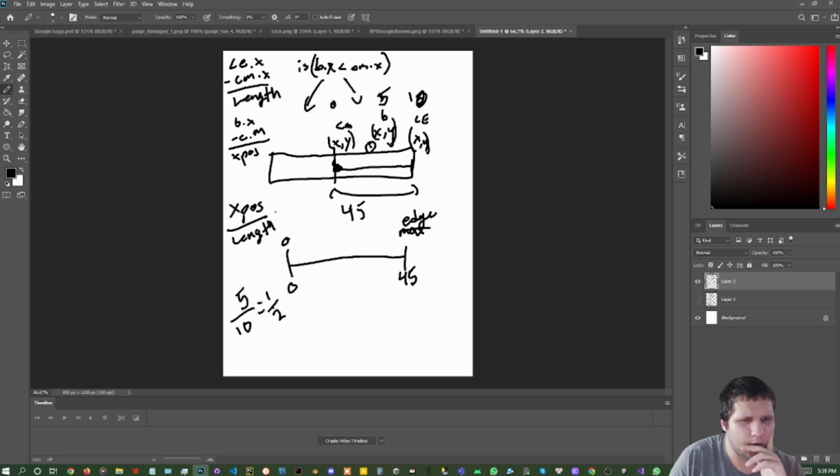And whatever this equals, say it equals A, we need to multiply that with 45. So then A times 45. Actually, this would be negative 45. So A times negative 45.